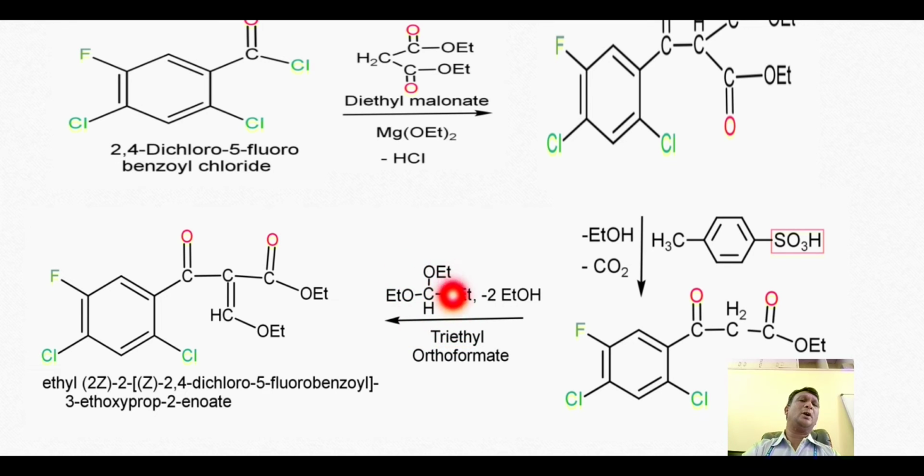So 2 ethoxy groups along with these 2 alpha hydrogens will be removed out as 2 ethanol molecules. So 2 hydrogens and 2 ethoxy groups will be removed out, and this CH along with OEt will attach on this alpha carbon by a double bond like this. So in this way we will get formation of this compound.